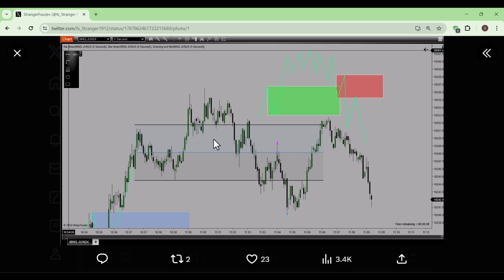But it wasn't aligned with the higher time frame. This is not the right context. Why is that? The first thing is that we broke above an old high, a higher time frame high. Now you don't want to buy high, you want to sell high and buy low.